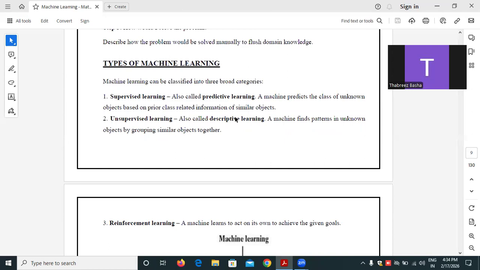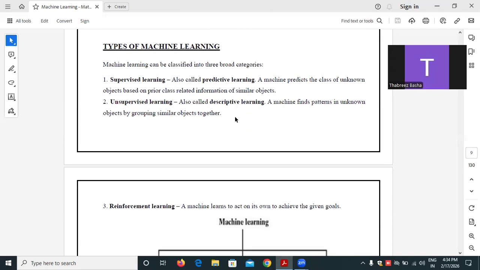Supervised learning is a predictive learning method. A machine predicts the class of unknown objects based on prior class-related information of similar objects. Predictive learning means previous data is used, the result is processed, and the final result is displayed based on similar objects.